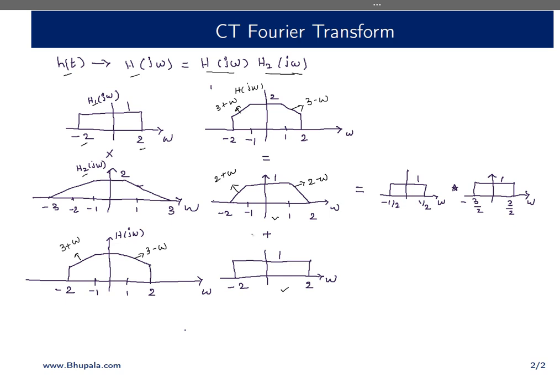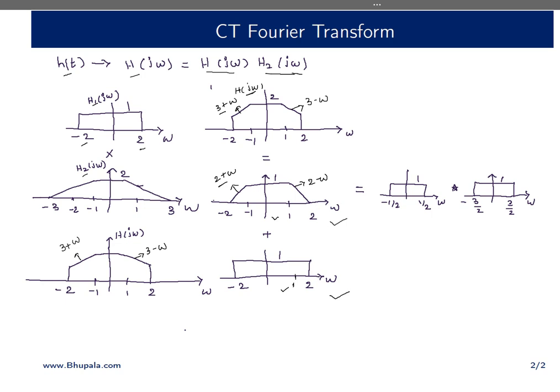Clearly, from minus 2 to minus 1, the equation of this line is 2 plus omega, and this line is 1, so finally you will get 3 plus omega. Similarly, from 1 to 2, this is 2 minus omega, and this is 1, so 1 plus 2 minus omega would be 3 minus omega. Hence we can write our h of j omega as the summation of this function and this function.